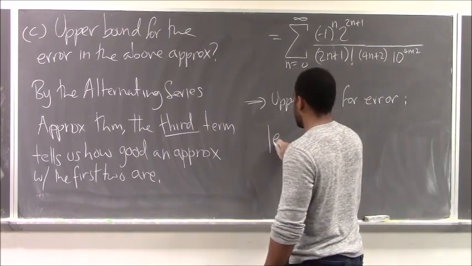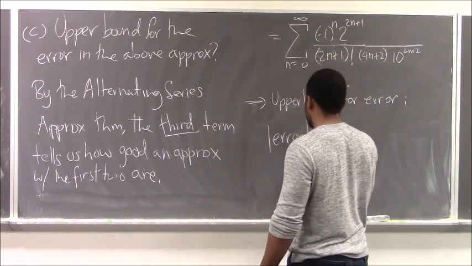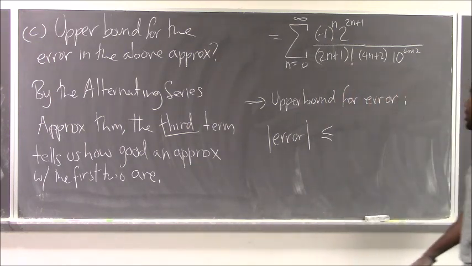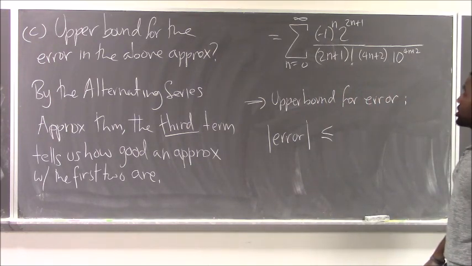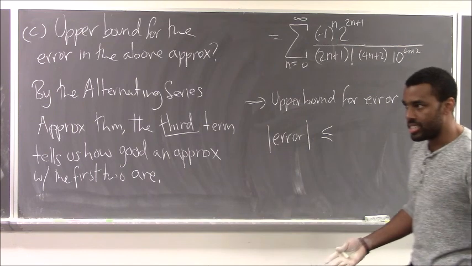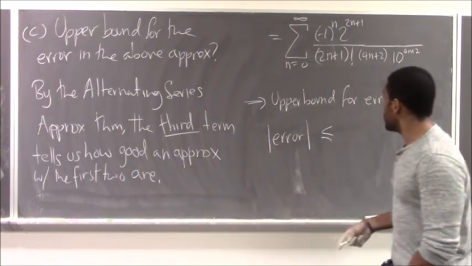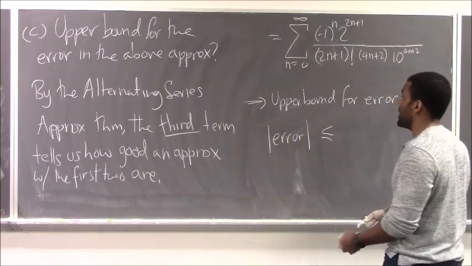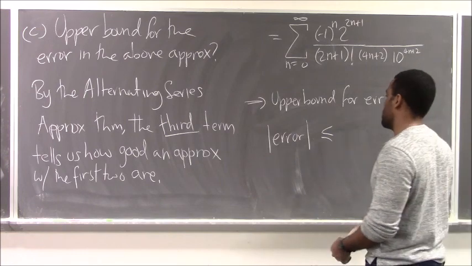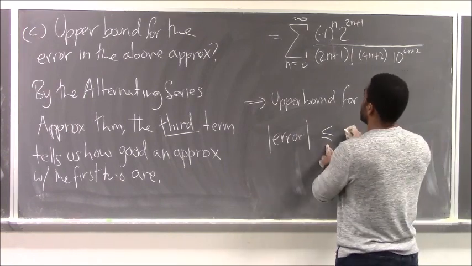So if I look at the magnitude of my error, it is going to be less than or equal to the n plus second term. Or in this case, the n plus first term. Plug in n equals 2 specifically, because I'm doing it for the first two terms.